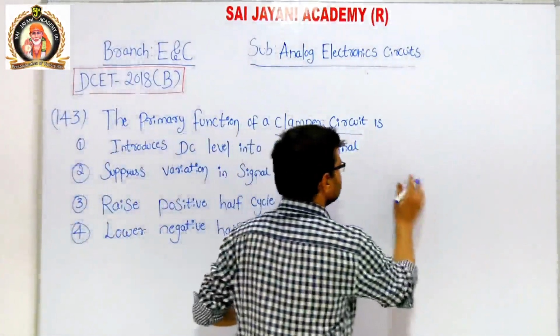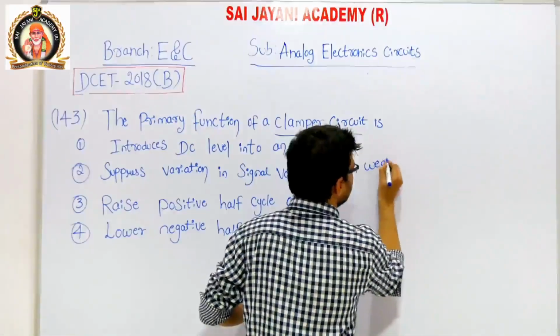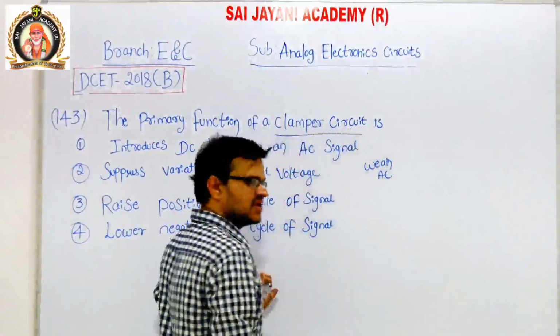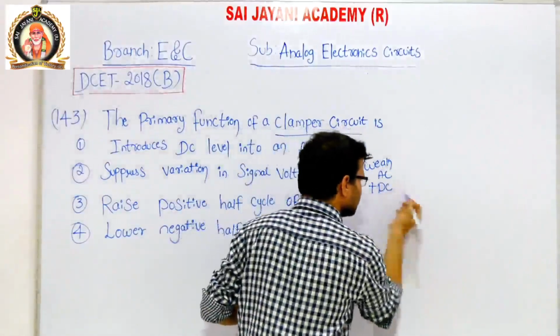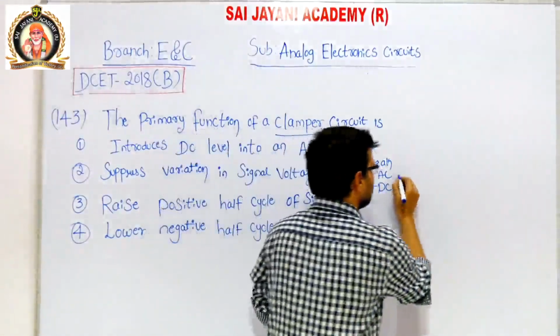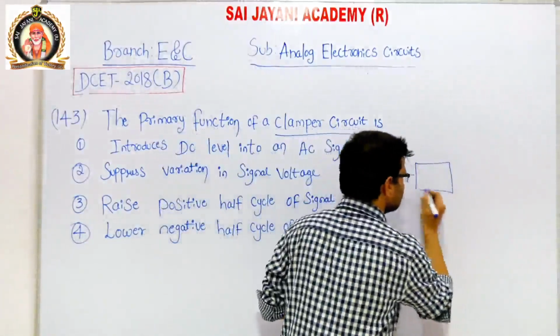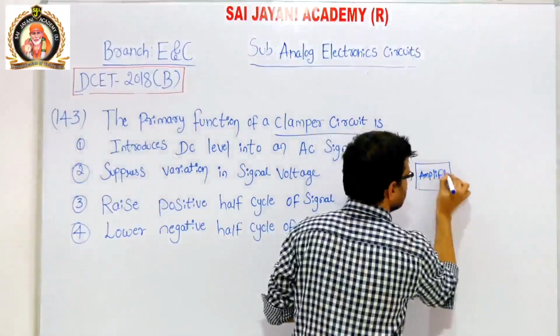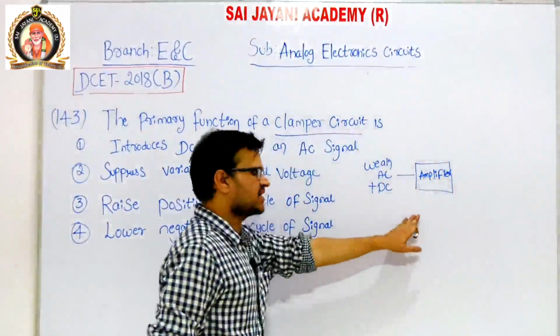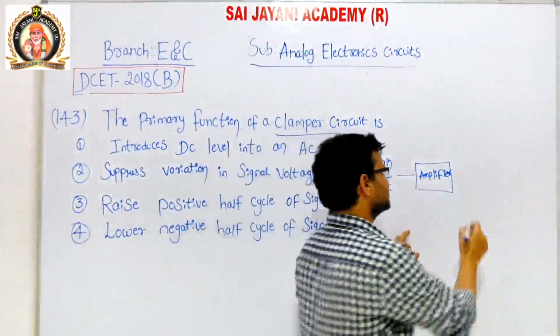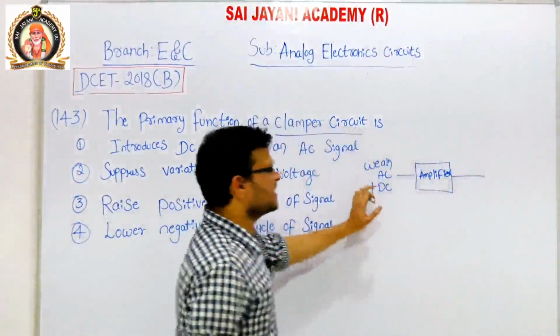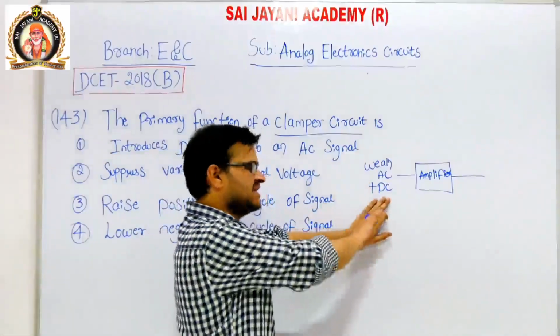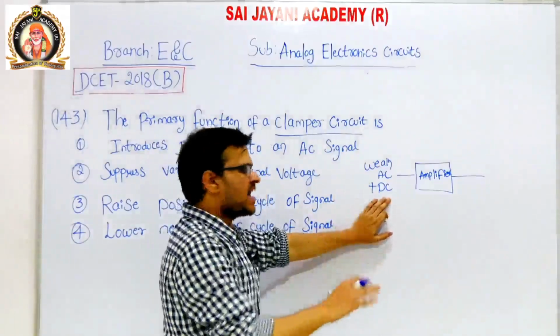Suppose you have a weak AC signal in addition to a DC signal, and you pass this signal to an amplifier circuit. What the amplifier does is it only amplifies the AC signal, but the DC level, the DC voltage, is as it is.